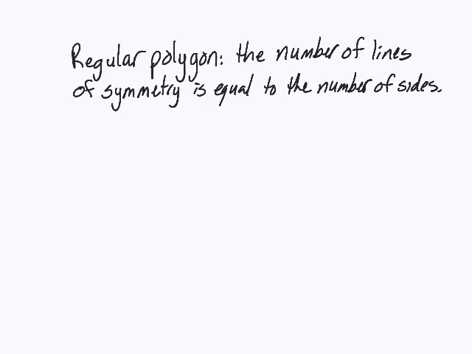So let's look at a pentagon, and we're going to call it a regular pentagon, even though I probably don't draw it very well. I suppose I could upload a shape, but that's the best I can do. We're going to assume that all the sides are the same length, even though it doesn't look like that because I'm not very good at drawing this. And if I'm going to draw the lines of symmetry, I can go through the vertex right there.